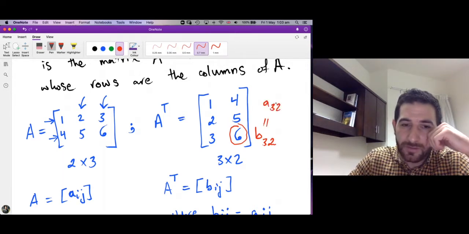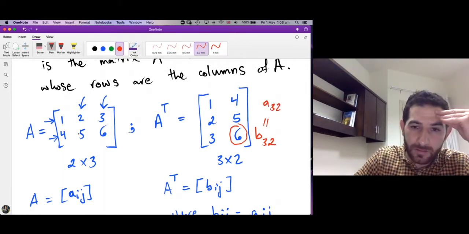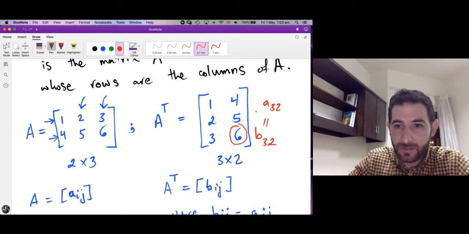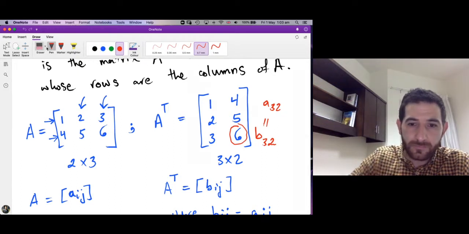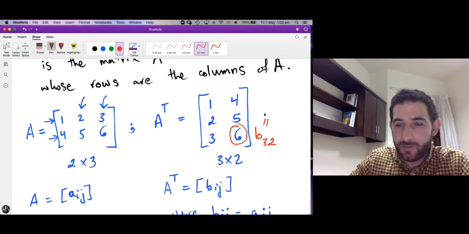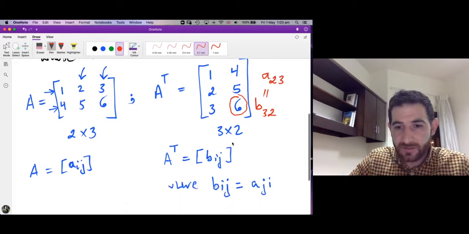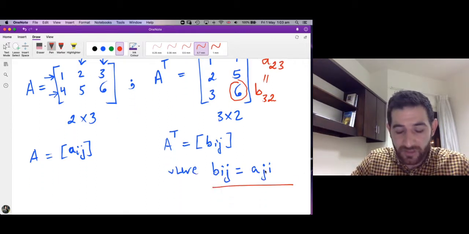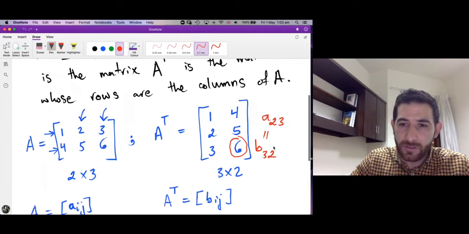Now what's B32? B32 is equal to A23. See, this is what I said: Bij is equal to Aji. So B32 is equal to A23.